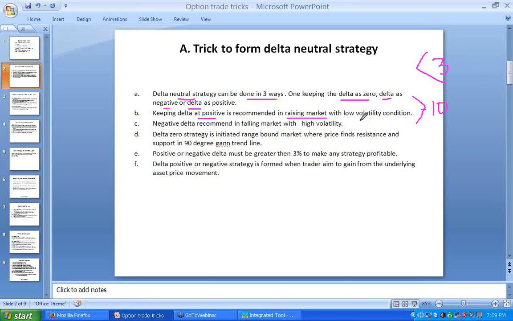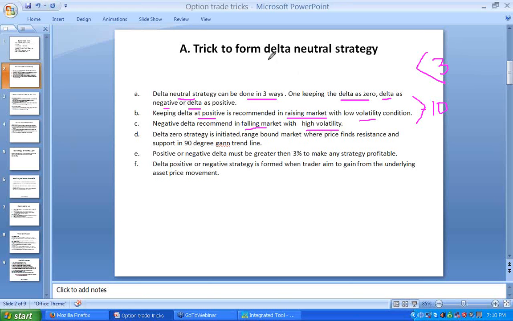For the low volatility condition, the instrument in which you are initiating this trade must have a volatility less than 20. So if you are initiating with Nifty, it must have a volatility less than 20, then delta positiveness will reward you.